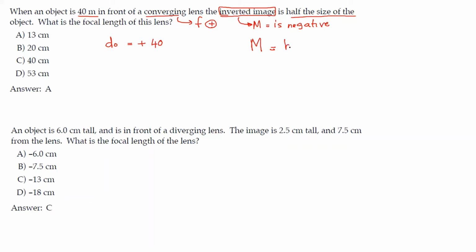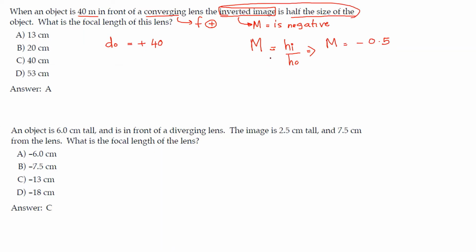You all know that M is the size of the image divided by size of the object. So what they are saying is it is half the size of the object, and also they have said it's inverted. That means your M is negative and it is 0.5. So that is what this part means.